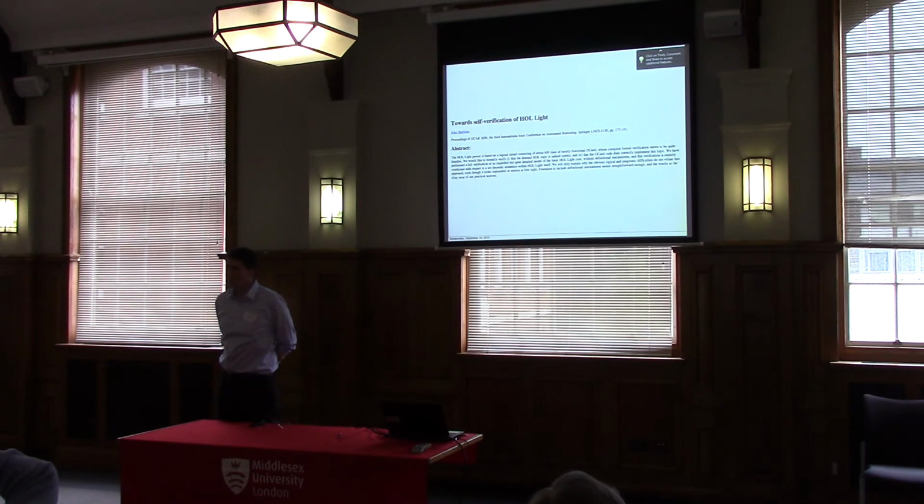To prove that HOL Light does not have any bugs, of course, these proof checkers can be used to prove and check mathematical theorems, but they can also be used to check the correctness of code. HOL Light itself is a piece of code, so you can use HOL Light to check that HOL Light does not have any bugs.